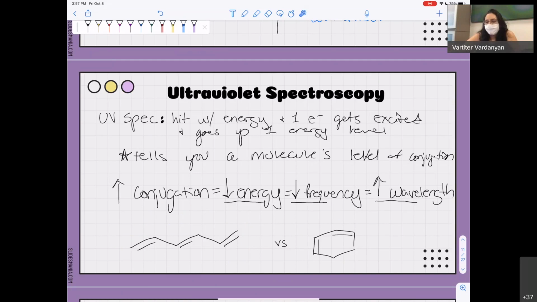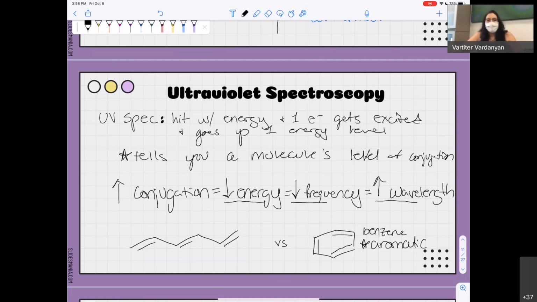Okay, so someone asked a good question, which is something that we're going to talk about next chapter. They said, let's say we had a third double bond here, and now it's a completely different question, right? Because here we have benzene. And the big difference is that benzene is not only conjugated, it's actually aromatic.